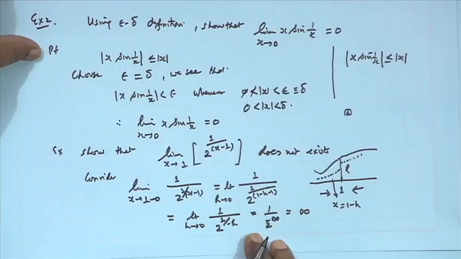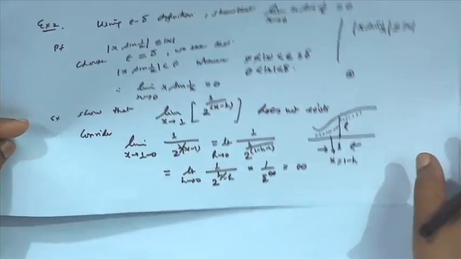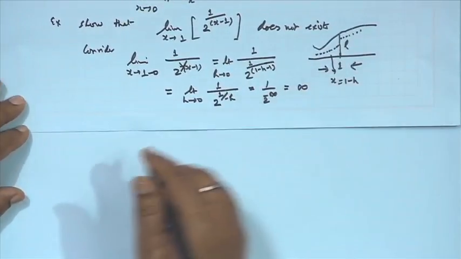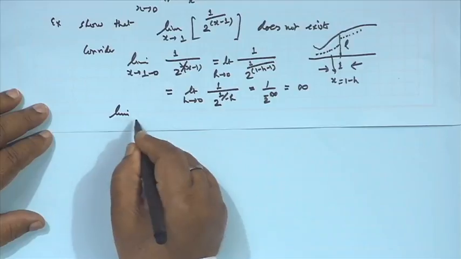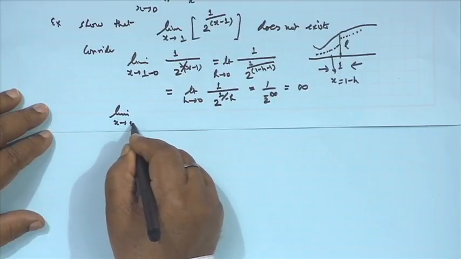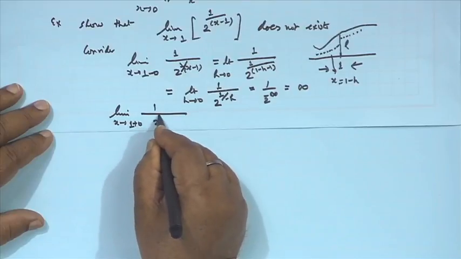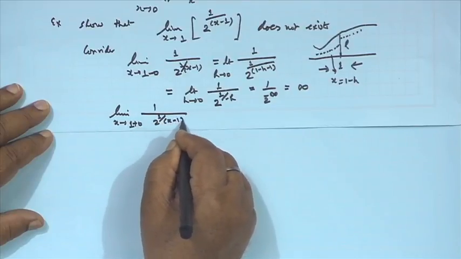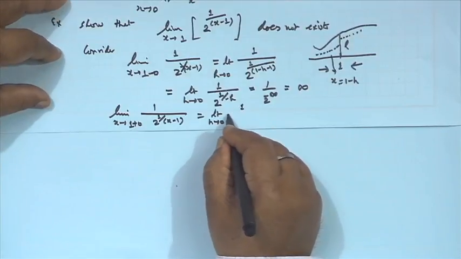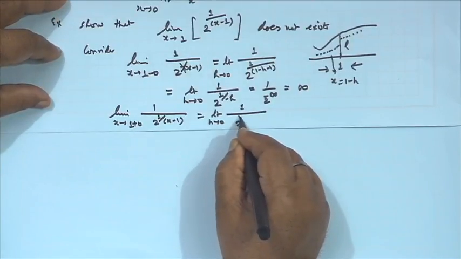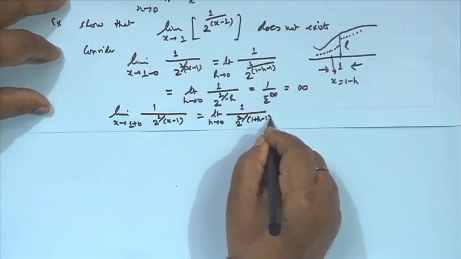Now, when you take the right hand side, what happens to the limit as x tends to 1 plus 0? It means for this function we are taking the limit h tends to 0 of 1 over 2 to the power 1 over 1 plus h minus 1.